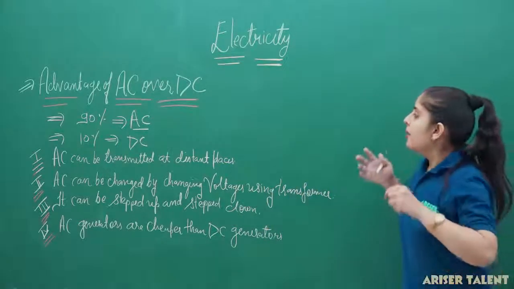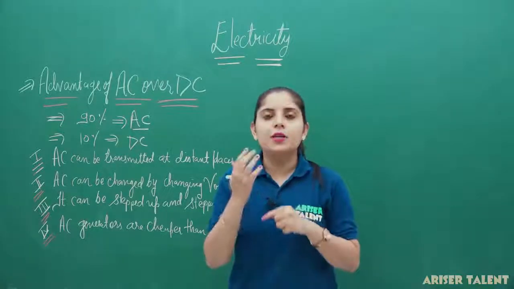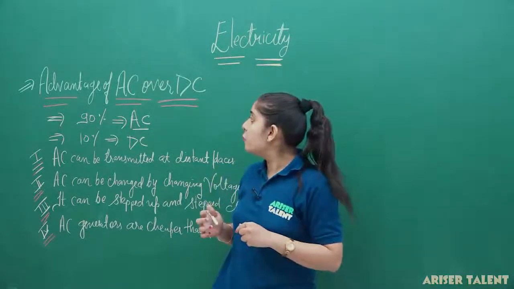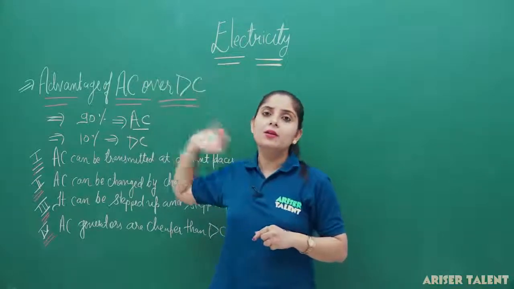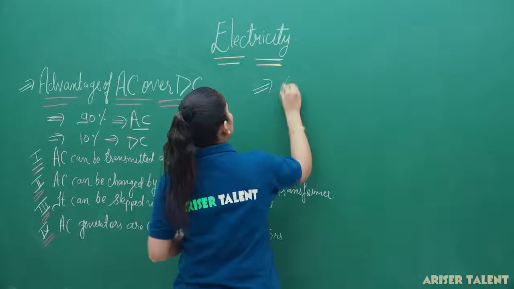Now, every component has its own advantages and disadvantages. So, there are two more disadvantages that we have to discuss of AC over DC. So, what are the disadvantages of AC over DC?